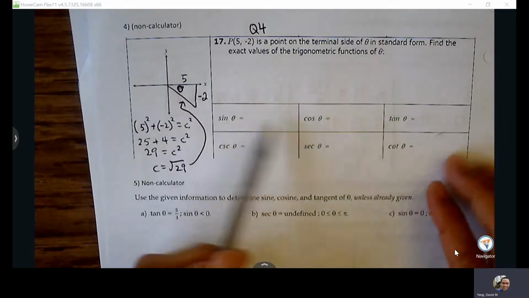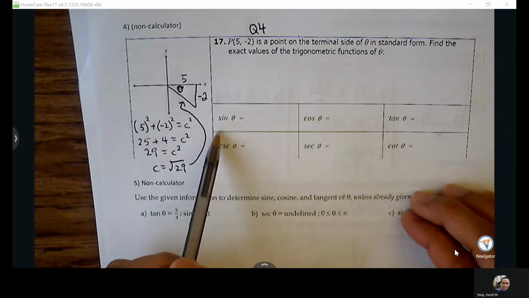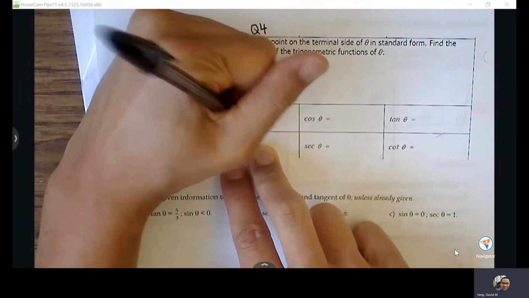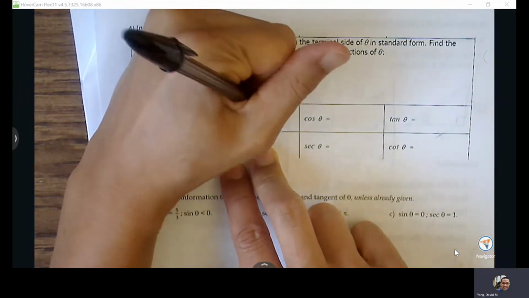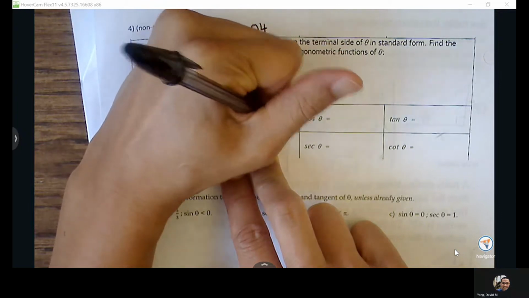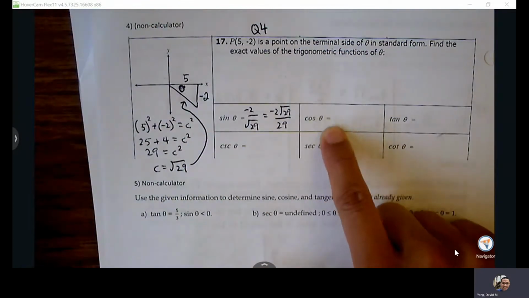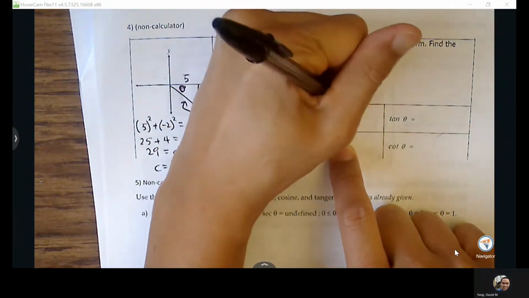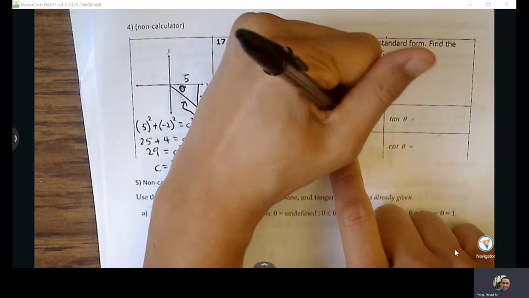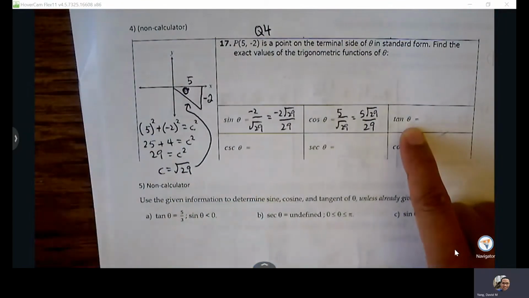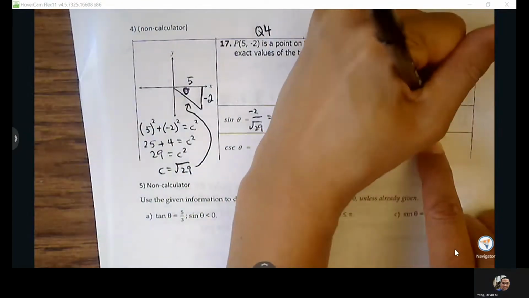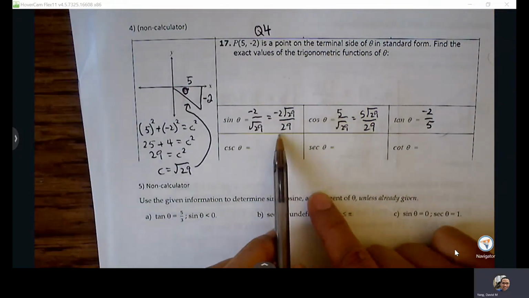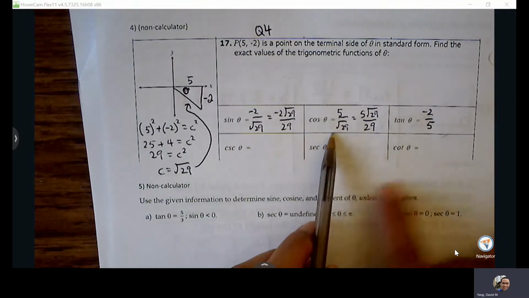Okay, so sine theta, we can do SOHCAHTOA here. Opposite over hypotenuse. Let's rationalize our denominator there. Adjacent over hypotenuse. Opposite over adjacent. Okay, cosecant is just the reciprocal of sine. Secant is the reciprocal of cosine.